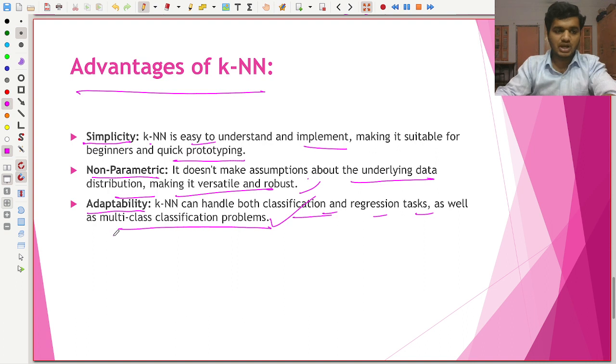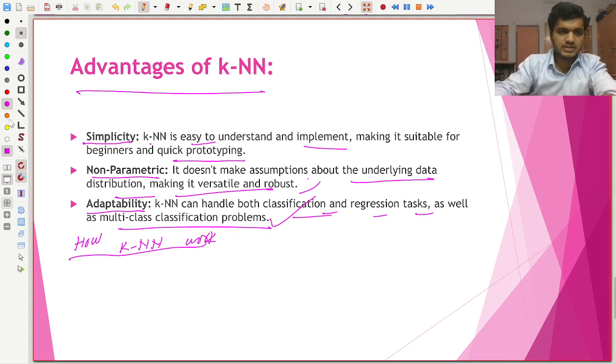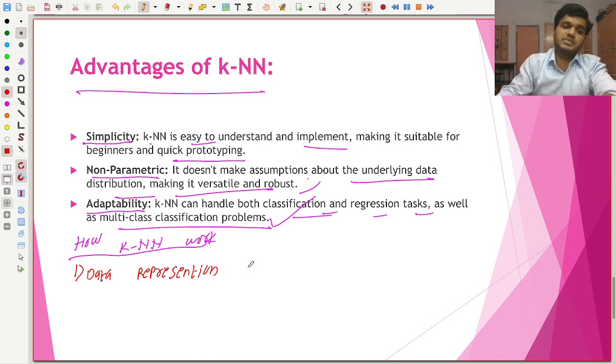So if you have a doubt how KNN works, okay, we'll discuss. First is our data representation. Each data point is represented as a feature vector in multi-dimensional space.